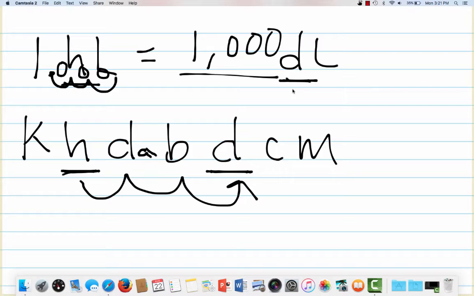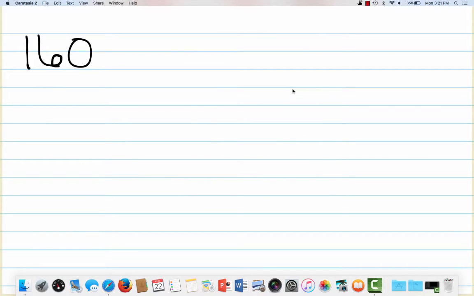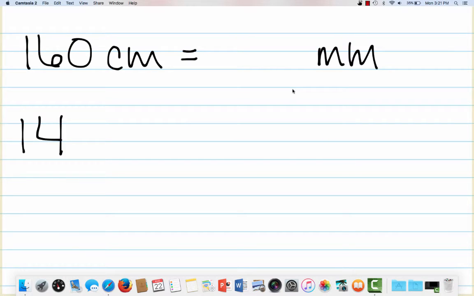So a third problem that I want you to do is take 160 centimeters and turn it into millimeters. For your next one, I want you to take 14 centimeters, and I want you to turn it into the base unit of meters.